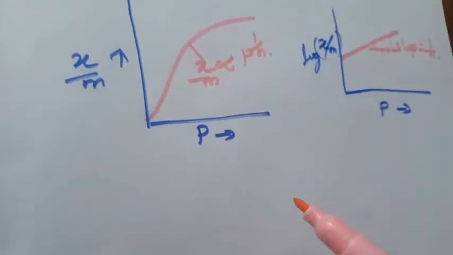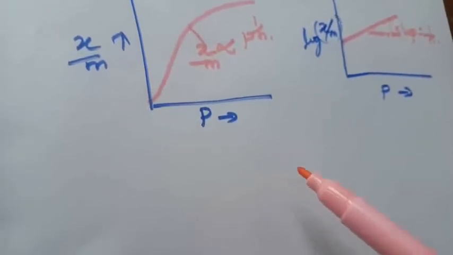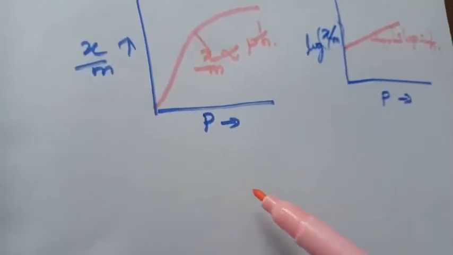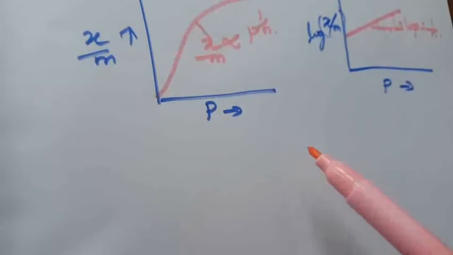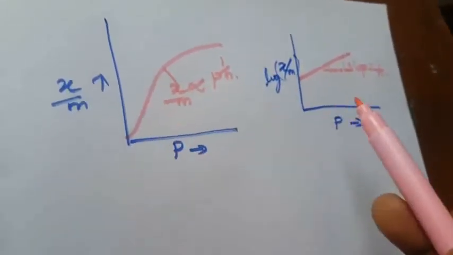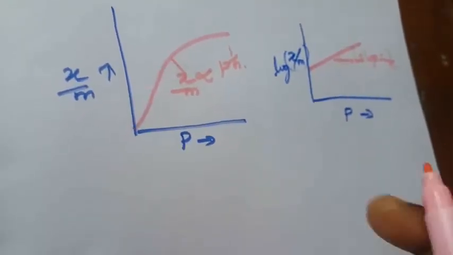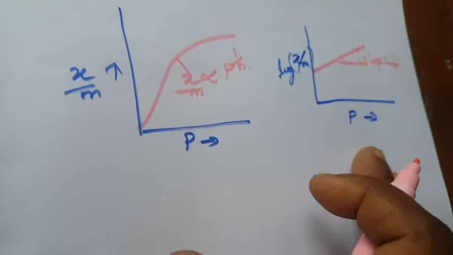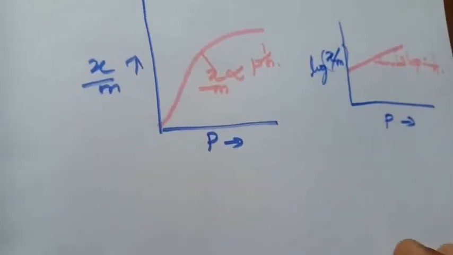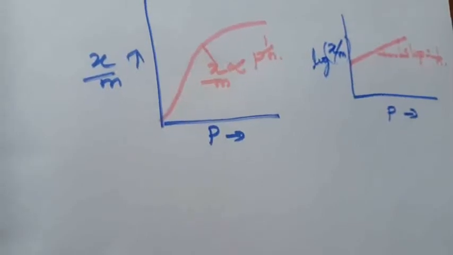What is the limitation? This equation is purely empirical and valid only over a limited pressure range. The constants k and n are also found to vary with temperature. But what is the variation in this graph? This cannot be explained. So this is only for theoretical explanation, only the derivation will be given. This is called the adsorption isotherm.